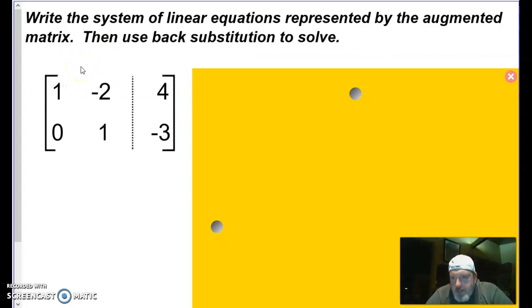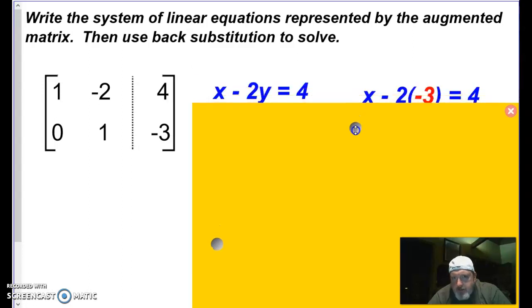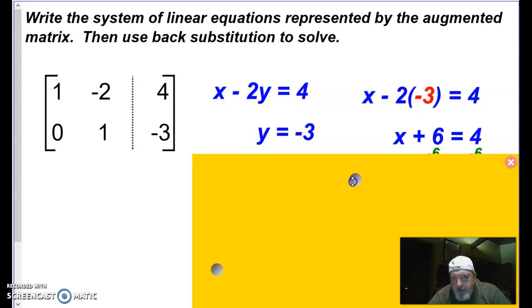Okay, notice here we have an augmented matrix, and what they're going to ask us to do is write this system as a system of equations and then use back substitution to solve. So we're going to start with the augmented matrix and change it to linear equations. In this case, x minus 2y equals 4 and y equals negative 3.